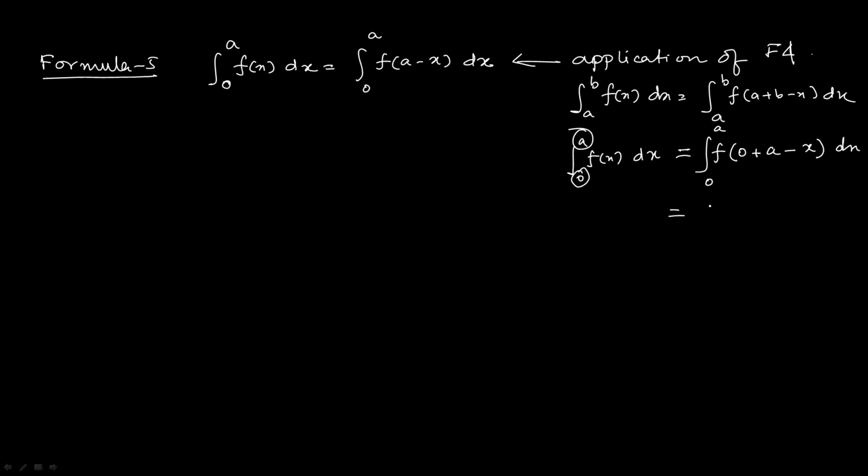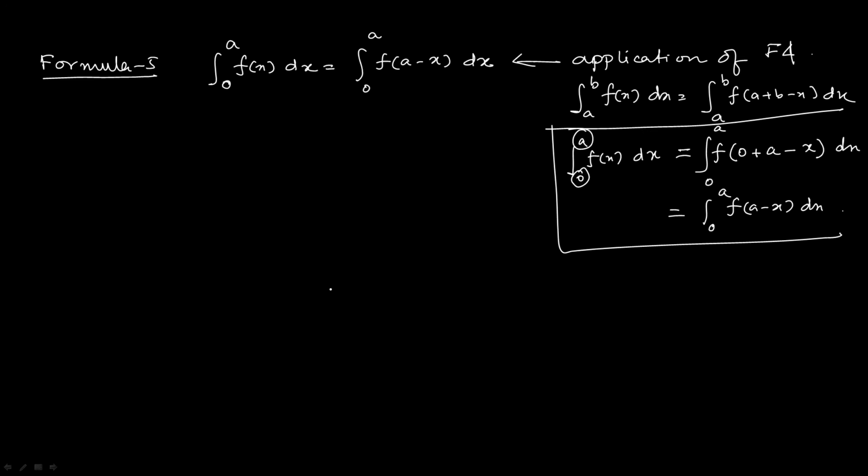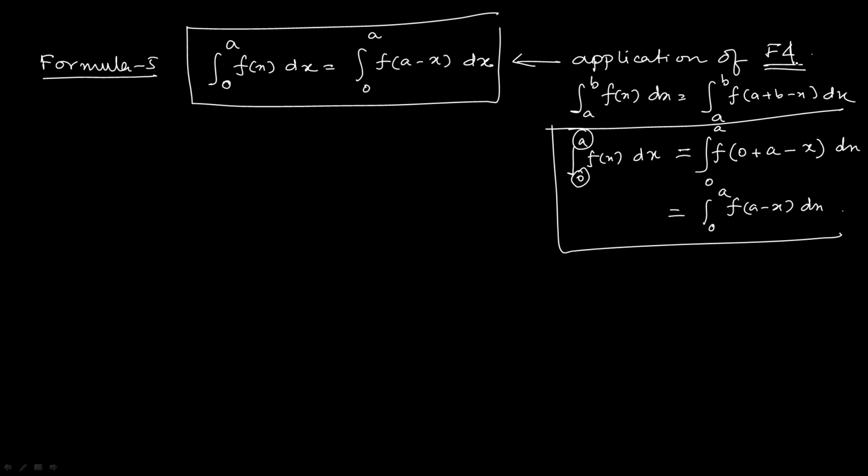So ultimately I am getting this one. So it is actually an application of F4. So nothing to prove here. This is the application of this one. Very easy. This is the application of F4. I think it is clear.